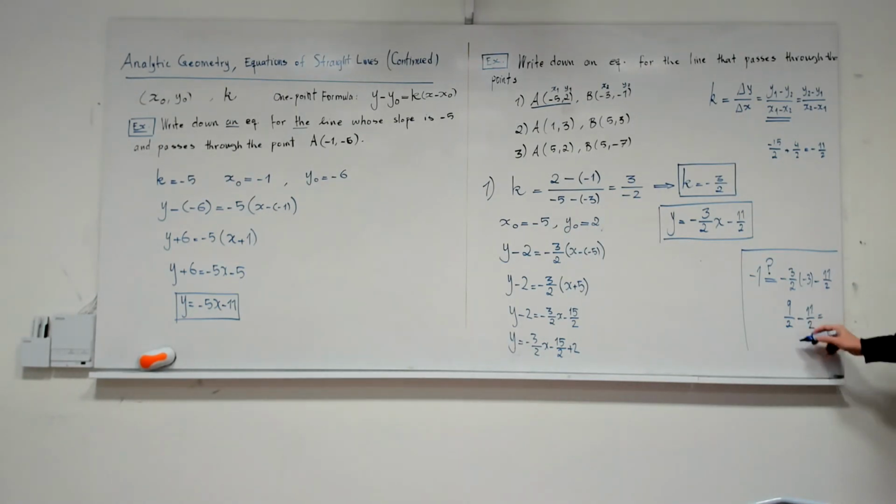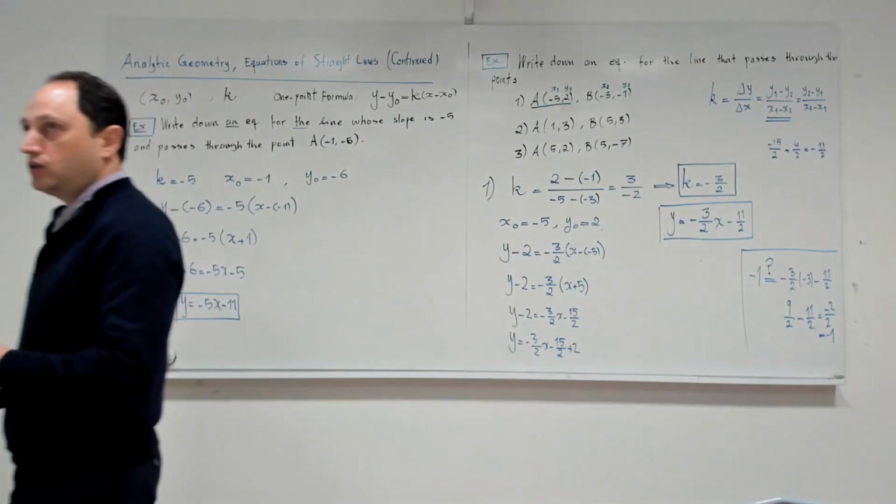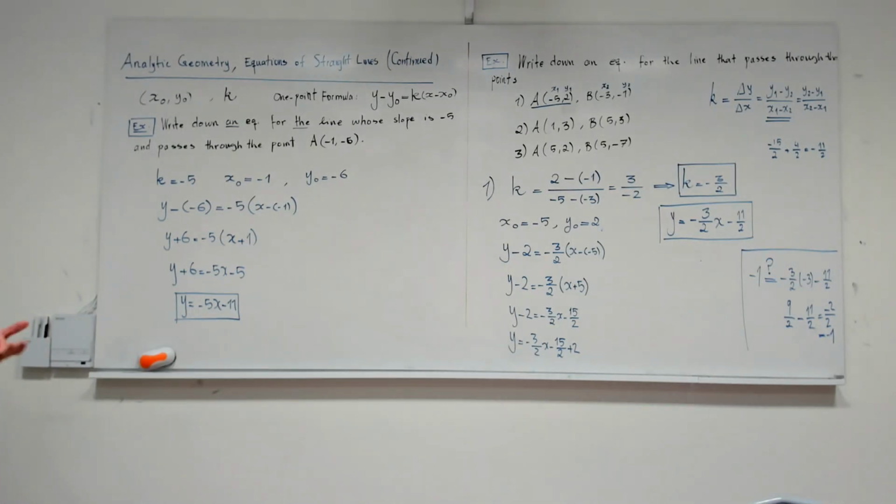But 9 over 2 minus 11 over 2 is minus 2 over 2, which is exactly minus 1. So it means that this confirms that this point is indeed on this line. Remember this fact. A point is on a line if and only if when you replace x with the x coordinate, you replace y with the y coordinate, the equality turns out to be true. That's an important fact to remember.